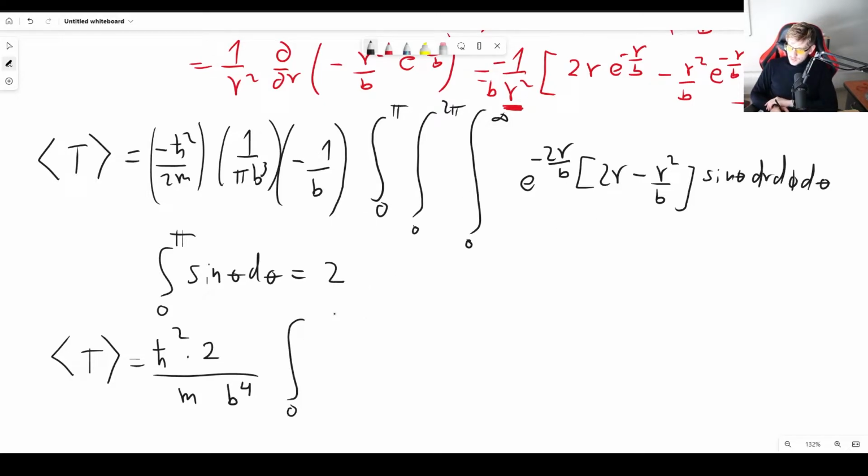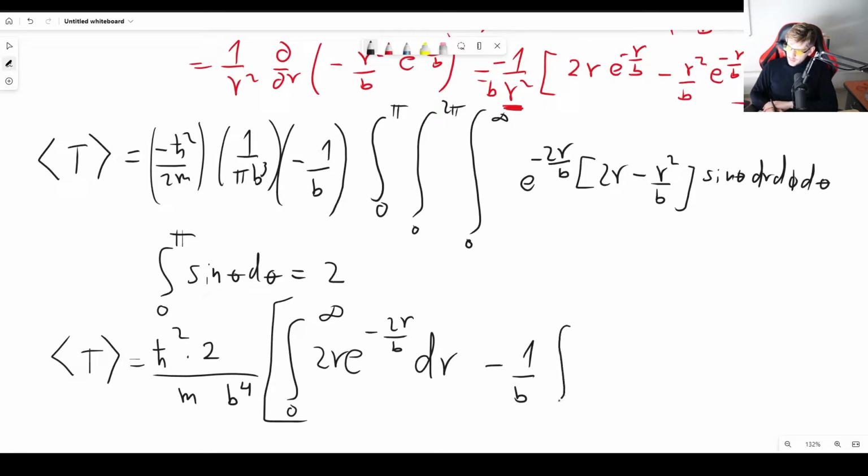So 0 to infinity of e to the minus 2r over b times 2r. So let me separate the integrals so that we can then solve them separately. Minus 1 over b, integral from 0 to infinity of e to the minus 2r over b r squared dr.